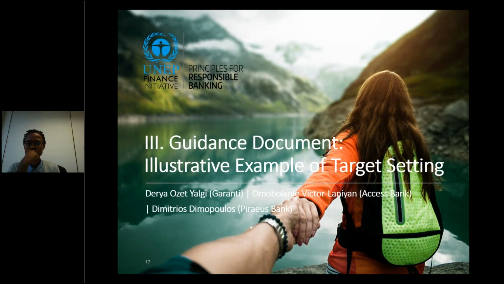So becoming a signatory does not imply that from one day to another all of your activities can be labeled as sustainable. But you can take a look at what parts of your portfolio do not mainly contribute, and eventually try to reduce the negative impacts of that, or work towards a portfolio that is more aligned.